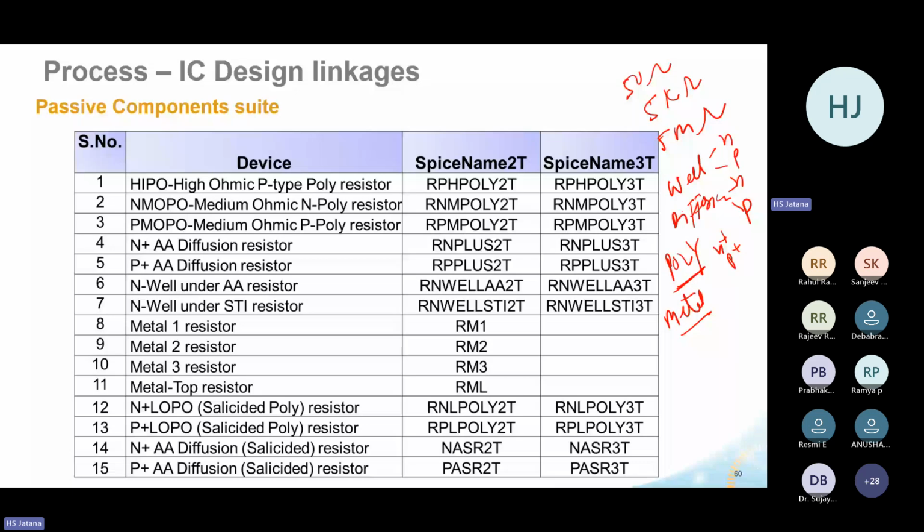non-salicided resistors. You can have 2-terminal resistors, and you can have 3-terminal resistors. A 3-terminal resistor means this resistor is sitting in a well, and there is a well contact also, which is another terminal. So this resistor is isolated from the substrate, so it will not let in any interference or crosstalk. So 3T resistors are very popular for realizing many of these analog circuits.